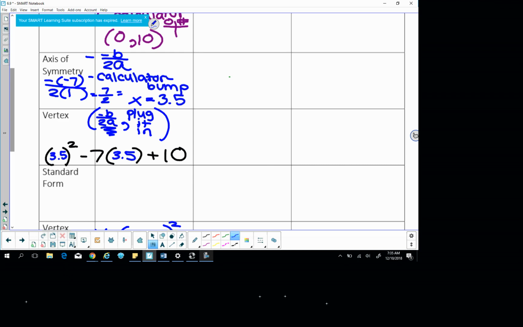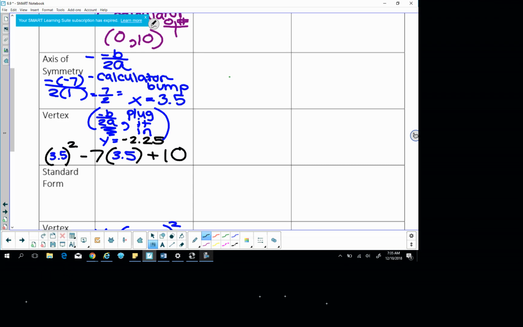What do you guys end up getting? Beautiful, negative 2.25.